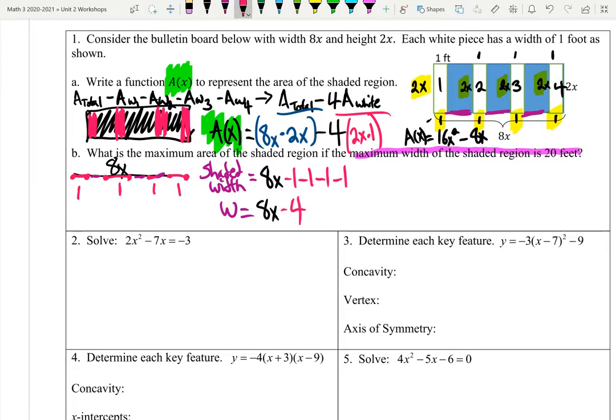Clean it up. And now what are they telling me? The width is going to be 8x minus 4, so 20 is equal to 8x minus 4. Pump the gas and start using inverse operations.